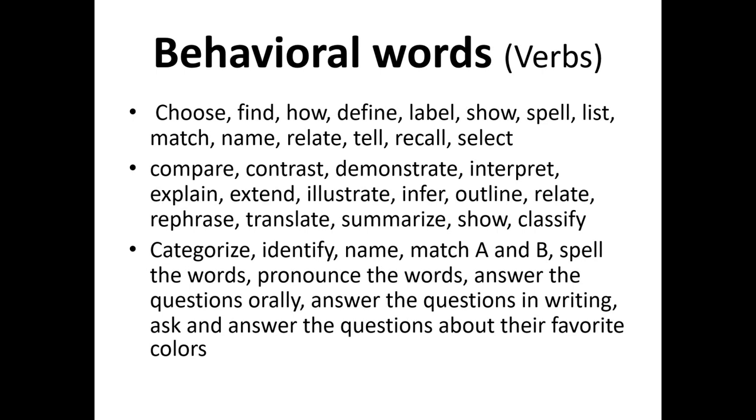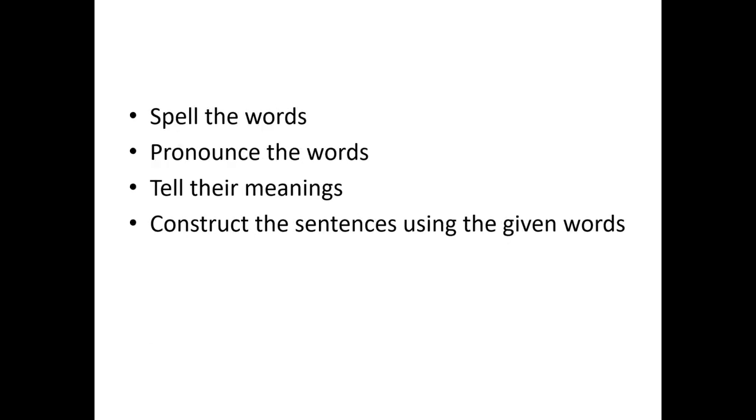You notice that these words are active verbs, which means that we can actually observe. For example, you ask them to spell the words, pronounce the words, tell their meaning, construct a sentence using the given words.